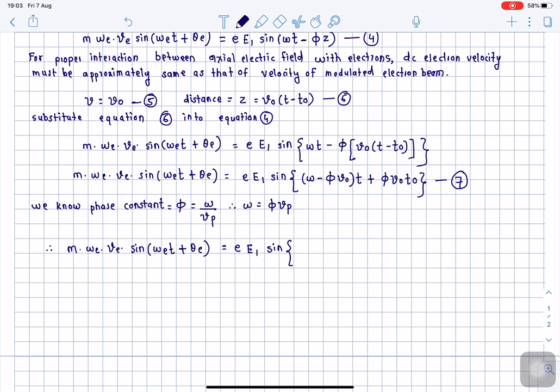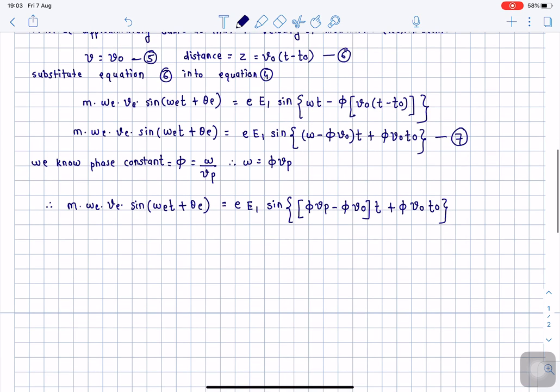Now here what we can do is replace omega with the term phi into Vp. Okay, so when we replace omega with phi Vp minus phi V0 into t plus phi V0 into t0, right, bracket complete. So what we simplify, the next m omega e Ve, further we simplify sine of omega e t plus theta e.